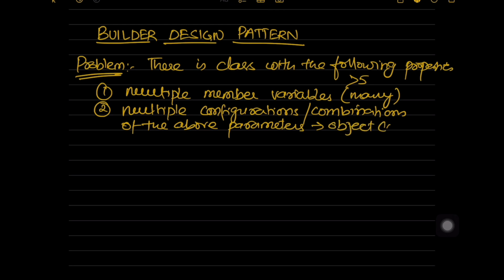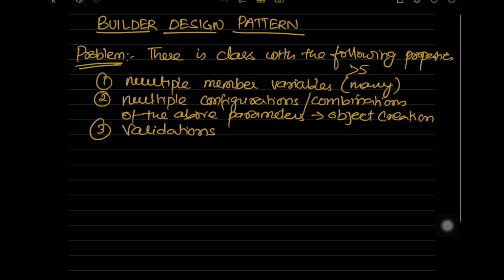There can be many objects which can have one or many of these variables, so there will be multiple combinations. And third, we should be able to validate each variable.